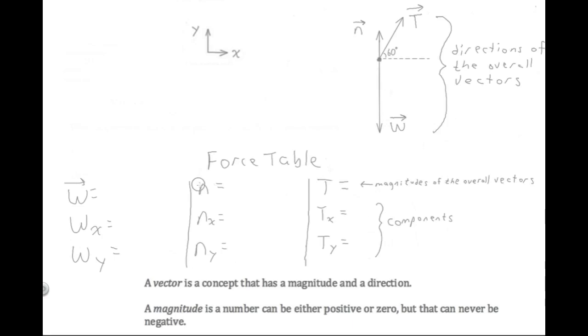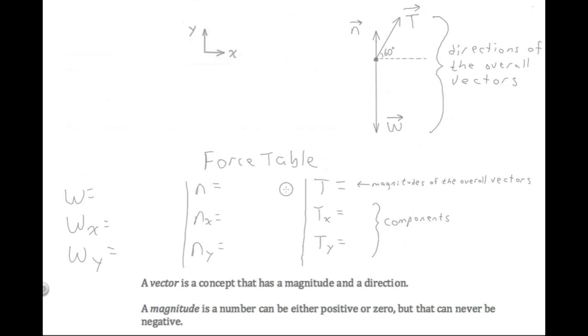Instead, we want to use the symbols in the first row without arrows to indicate that these represent just the magnitudes of the overall vectors. And then, of course, we use x and y subscripts to indicate our x and y components in the next two rows. Make sure you try to use the exact right symbol at each part of the force table.